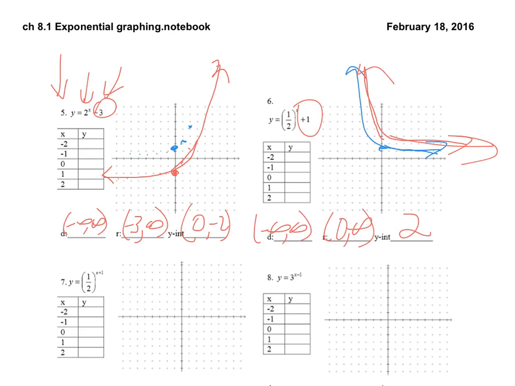For this, or sorry, of 1. Oops, my range changed. My mistake. This should be a 1 here. Let's see if I can erase that. No. All right, so this should be a 1, not a 0, because there's a horizontal asymptote here at 1. It's never going to get below 1 because this part can never go negative. The closest it can do is get really, really close to 0, and 0 plus 1, this is going to be really, really close to 1.